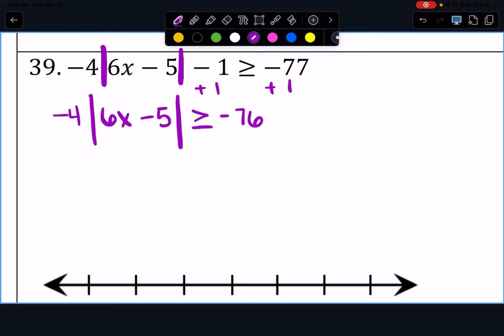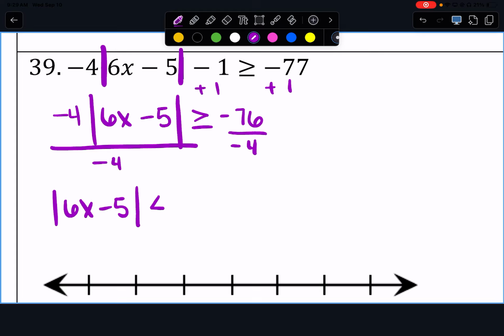Okay, I divided by a negative. What happens to my inequality? It flips. So we get absolute value of 6x minus 5 is less than or equal to, what is negative 76 divided by negative 4? 19.